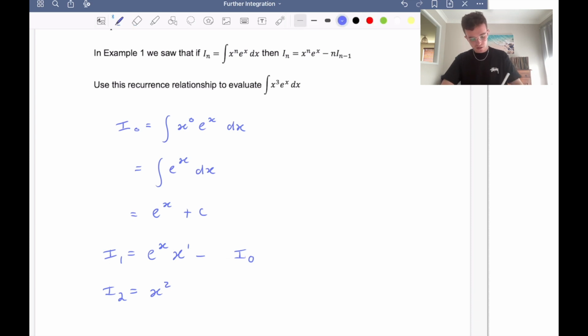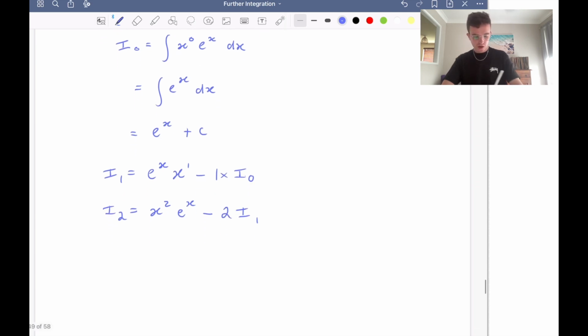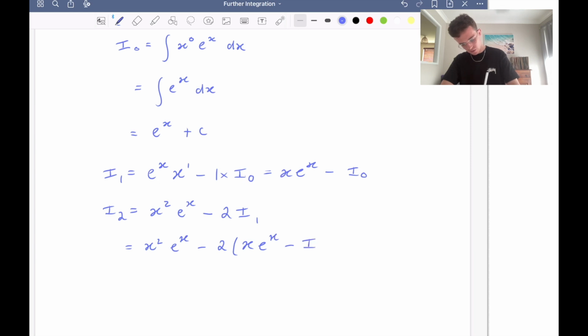The n in this case is 1, so 1 times I0. X squared e to the x minus, 2 minus 1 is 1. Now we know that I1 is x e to the x minus I0. So this is x squared e to the x minus 2 lots of x e to the x minus I0. And if we expand that, that's x squared e to the x minus 2x e to the x plus 2 lots of I0.